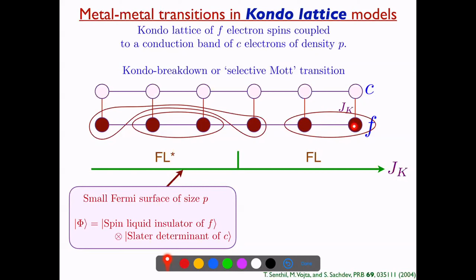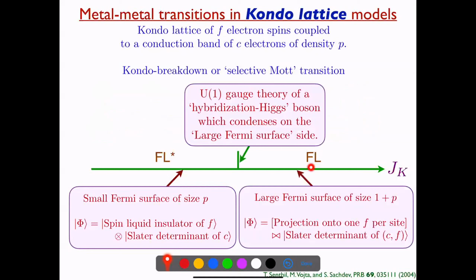So the complete story then is that you have two phases of matter. One is the Fermi liquid with a large Fermi surface. The other is FL star with a small Fermi surface. And there's actually a phase transition between them. So this is a novel type of phase transition in which there's no broken symmetry or anything, but it's a phase transition in a gauge theory.